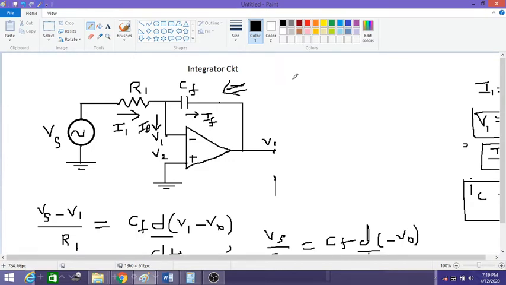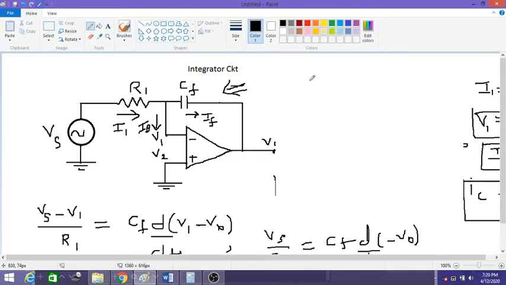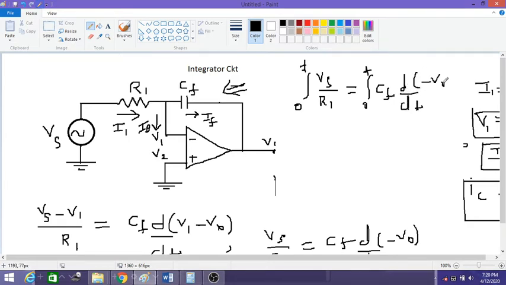Now I have to remove this differentiation part, so I'll integrate on both sides. Let us integrate from 0 to t. So Vs by R1 equals integral from 0 to t of Cf d by dt of minus V naught.